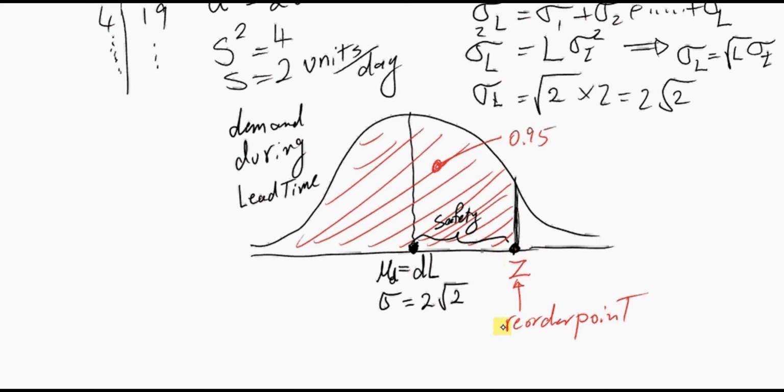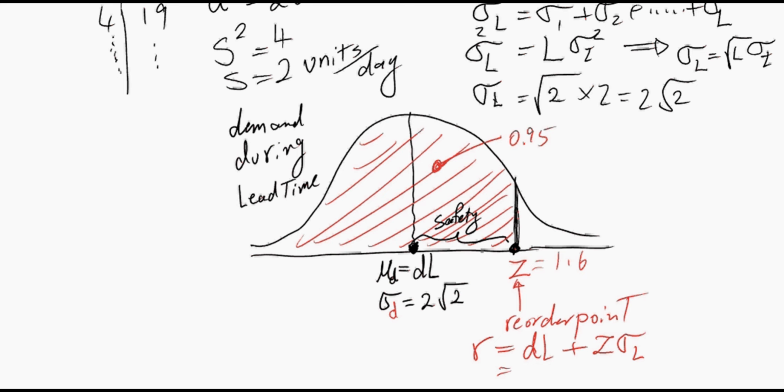Basically the reorder point with safety stock, instead of being DL, is DL plus Z standard deviations, where this is the sigma.